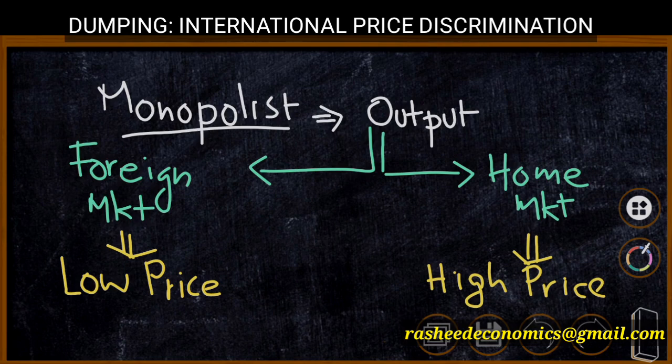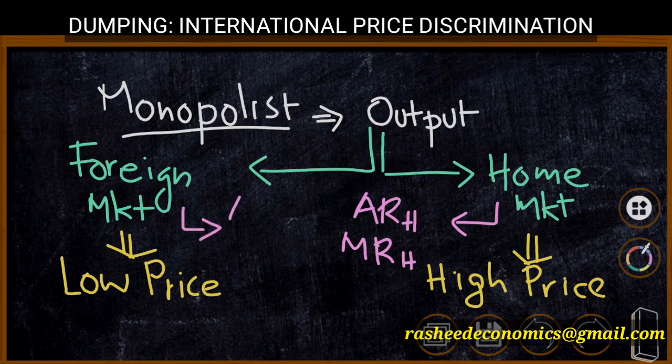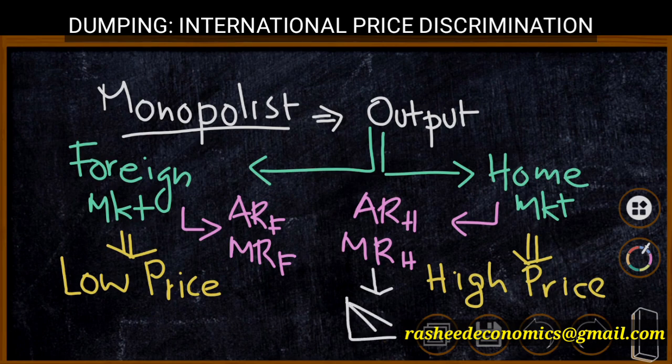Since there are two markets, the home market and the foreign market, we will have different average revenue and marginal revenue curves. In the home market, we will have the average revenue of the home market, ARH, and the marginal revenue of the home market, MRH. In the same manner, we will have the average revenue of the foreign market and the marginal revenue of the foreign market. In the home market, the firm is a monopolist, and automatically the AR and MR curves will be downward sloping.